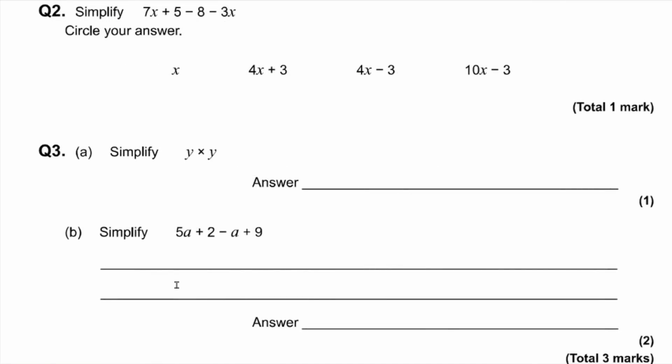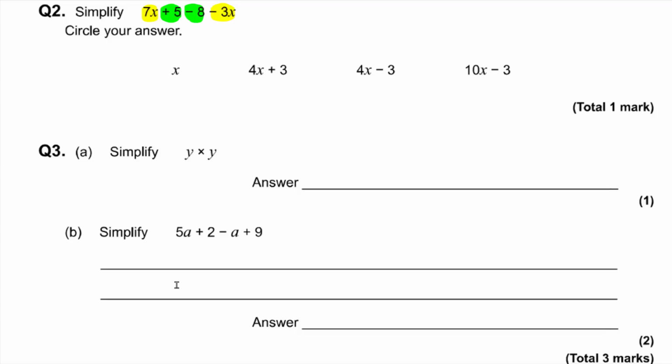Question 2, simplify 7x plus 5 minus 8 minus 3x. Okay, so here we're going to have to collect like terms together. I've got a term in x here, 7x, and I've got another term in x here, minus 3x. Now notice I'm including the sign in front of the term when I colour it.